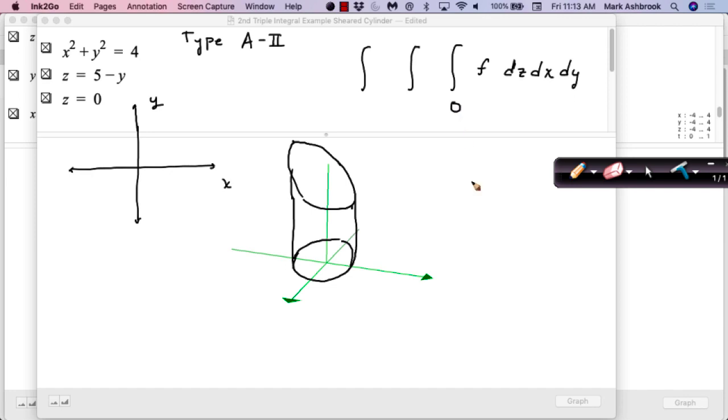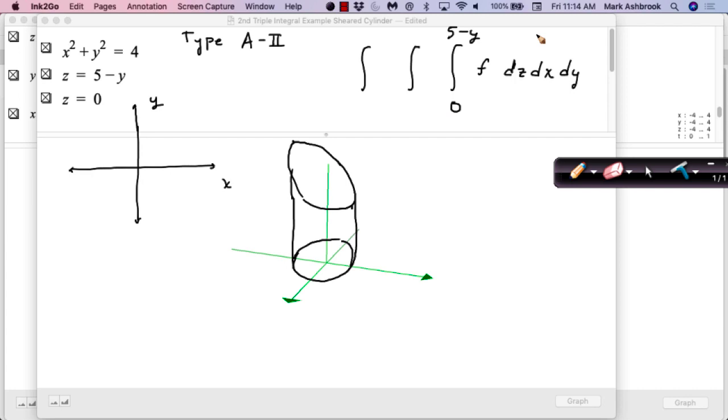And then it goes through the solid and then it exits. Does it exit through one surface or more than one? One, where z equals 5 minus y. So the bottom is 0, the top is 5 minus y everywhere. So z goes from 0 to 5 minus y.